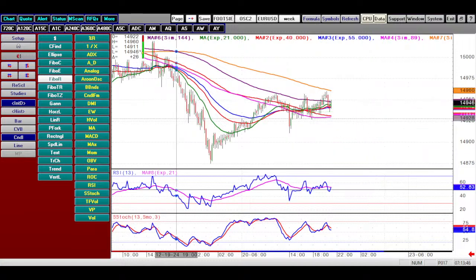Let me check on the system. Okay, 149 is good. The other one is 149.30, or we should see the price above this level.